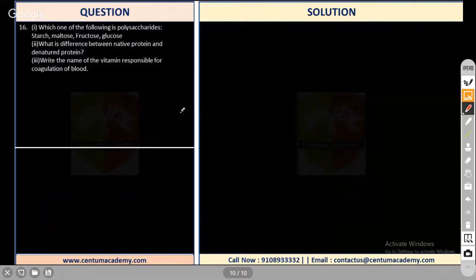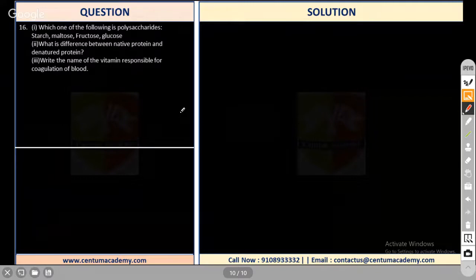And fructose and glucose are monosaccharides. So starch is poly, maltose is di, fructose and glucose are monosaccharides. Correct.